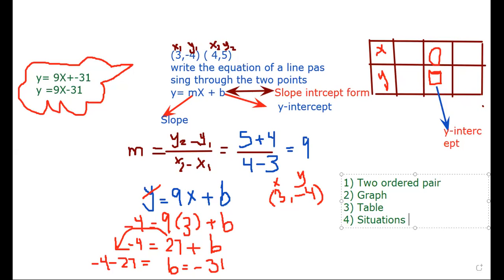We will replace the value of m. And then once we have the value of m, we will put it back instead of m, and then we will start to search for the value of b. We will nominate any one from the two ordered pairs, and then we will substitute it instead of x and y to find the y-intercept.